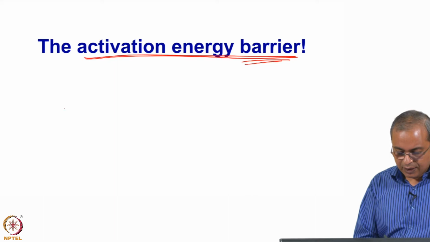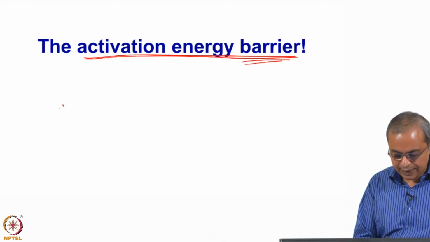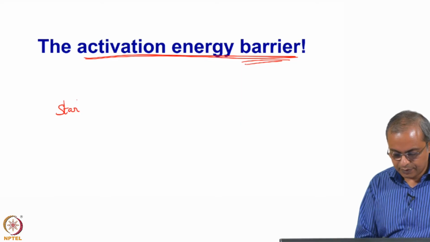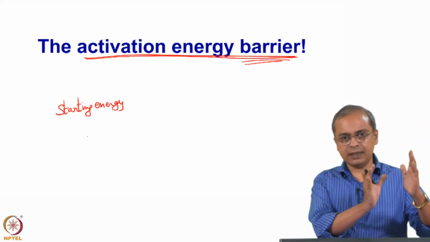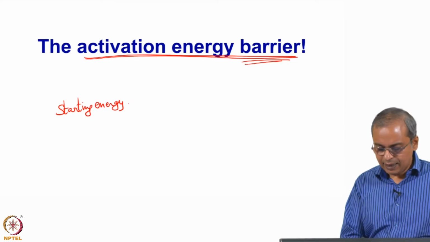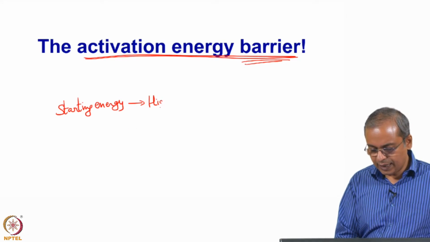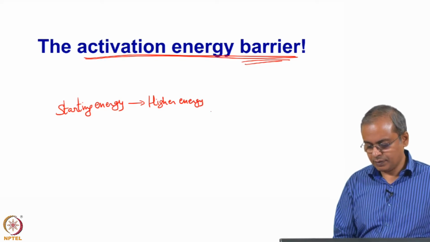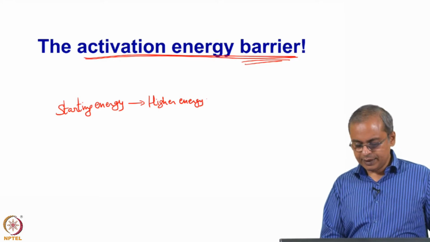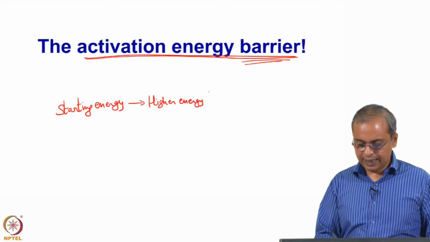We have the materials that we are dealing with have some starting energy. Okay, so, they are sitting at some starting energy, and then as the reaction proceeds, they need to go to a higher energy intermediate stage through that reaction, they go to a certain higher energy.